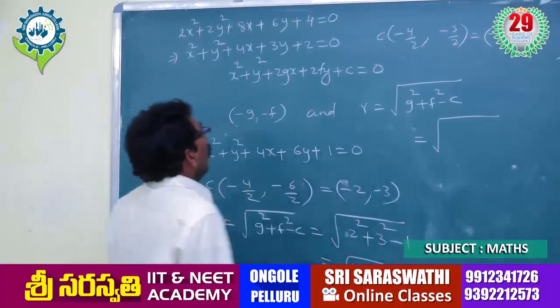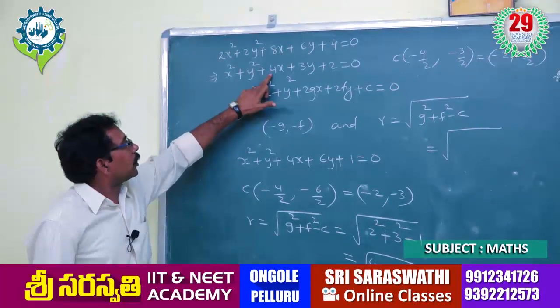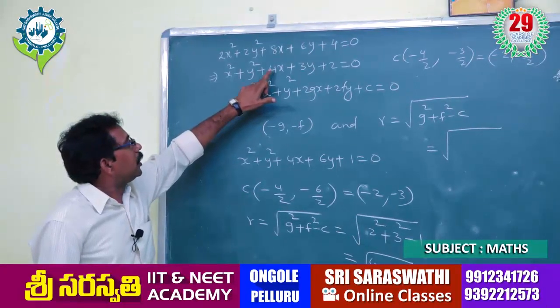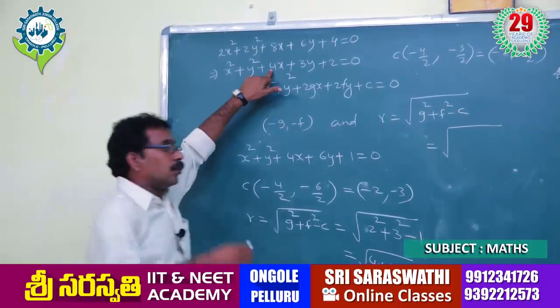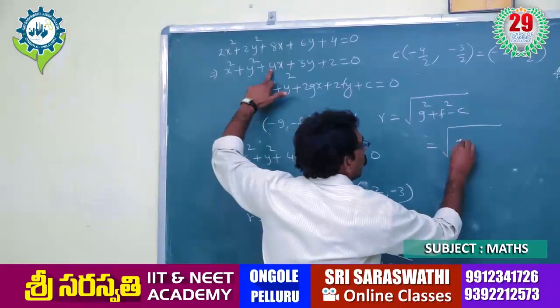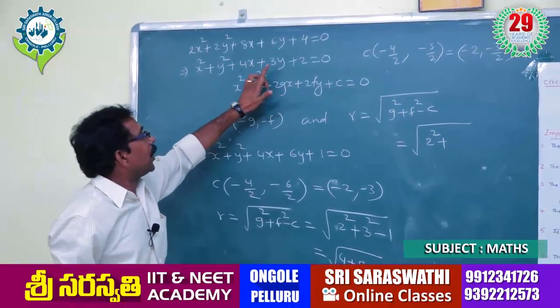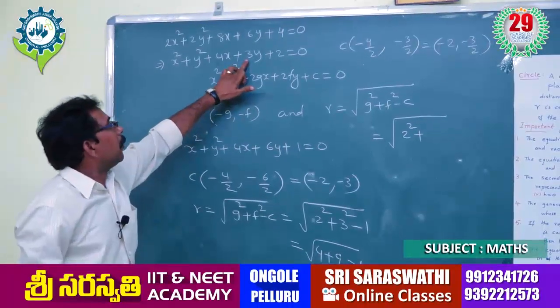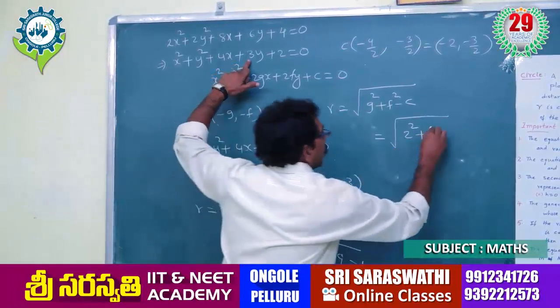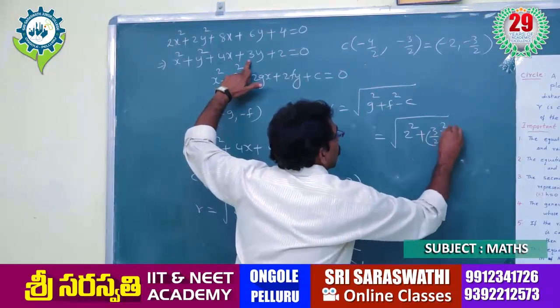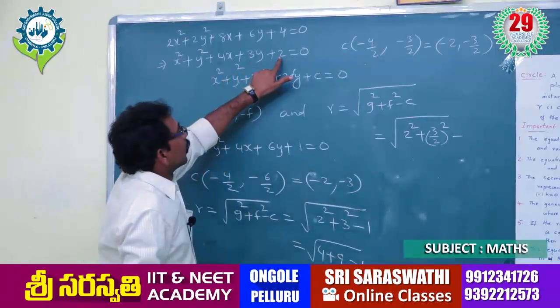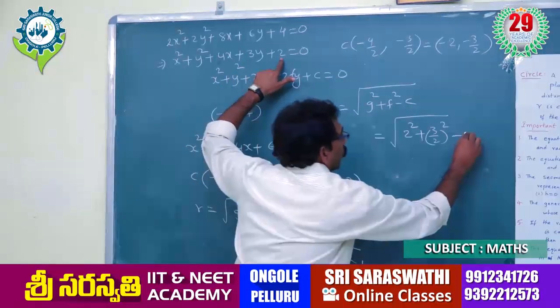So the coefficient is 4. So divide this 4 with 2, we get 2 square plus here y coefficient is 3. By dividing by 2, 3 by 2 whole square minus constant is 2.